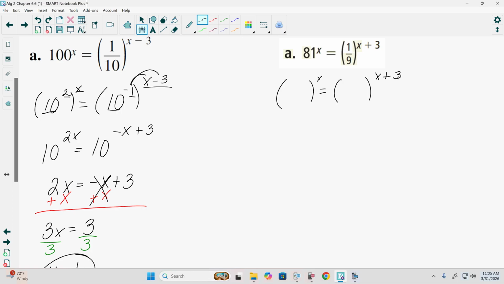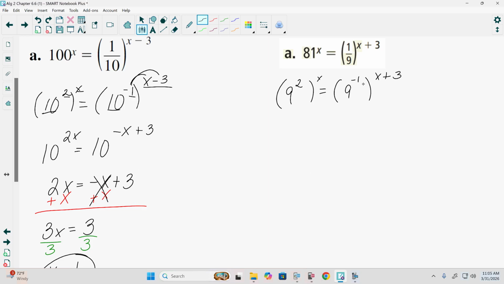Well, 9, because can we rewrite 81 as 9 to a power? Yeah, so it would be 9 squared. The reason I would pick 9 is because our other one, 1/9, would be 9 to the negative 1. We move it from the bottom of the fraction to the top, which makes that exponent go from positive to negative.